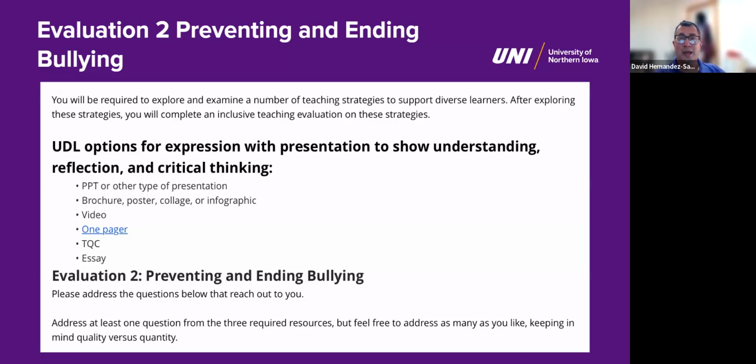Again, you will have the option of expressing yourself in a variety of ways, such as these. And for this second evaluation, please address the questions below that resonate to you.